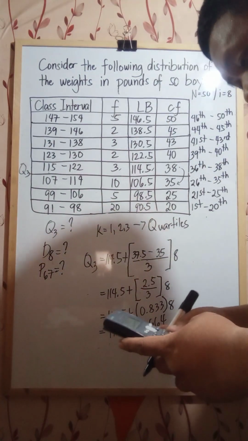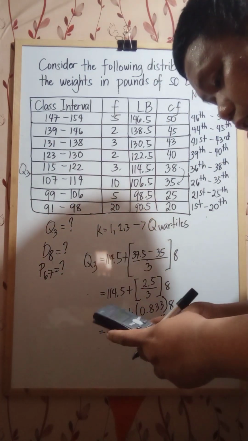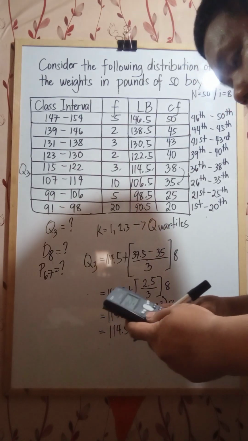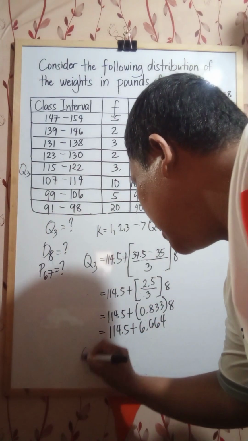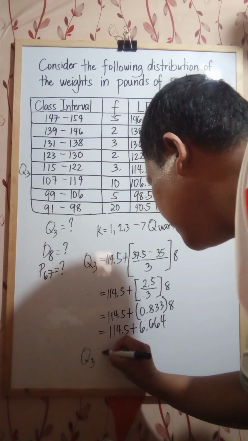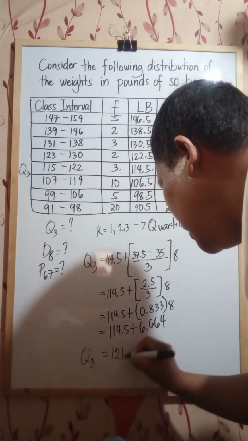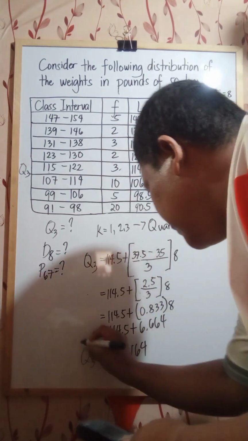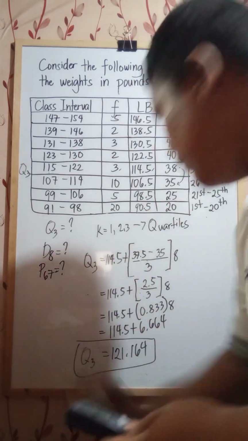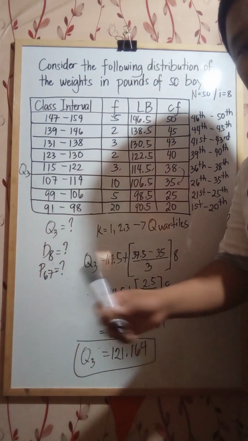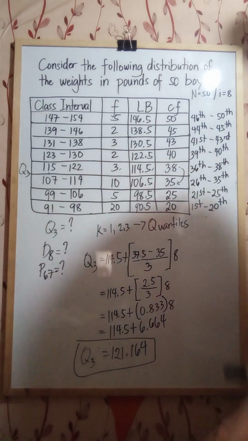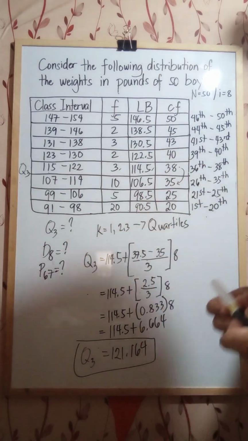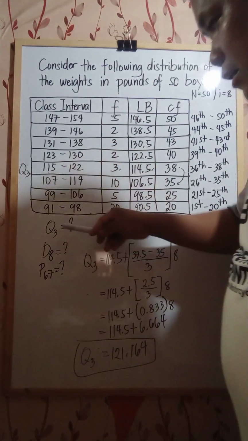So 6.664 plus 114.5, you will get the answer of 121.164. So that is your final answer. So we are done with the Q sub 3.